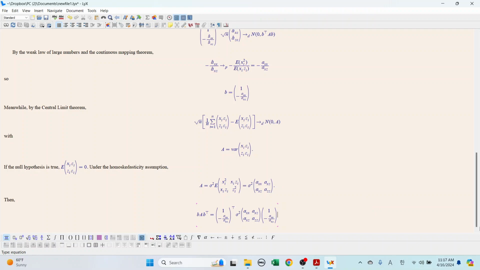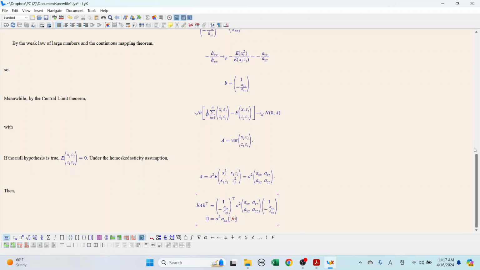Okay, the answer is sigma squared first, and then AXX times, somehow I write it like this, AXX AZZ over AXZ squared minus 1.